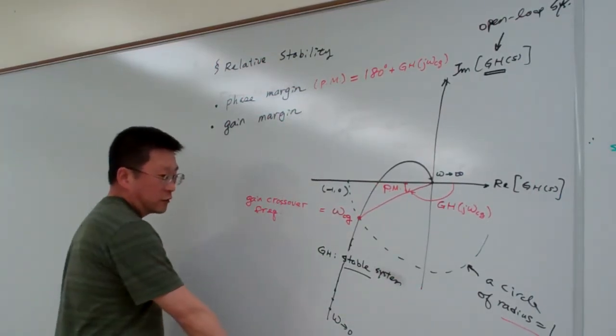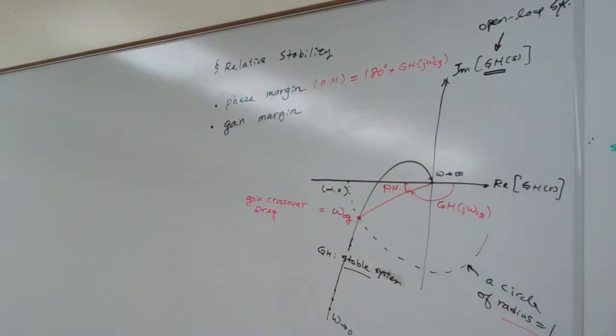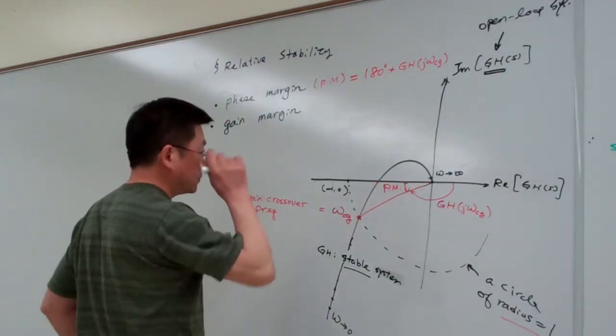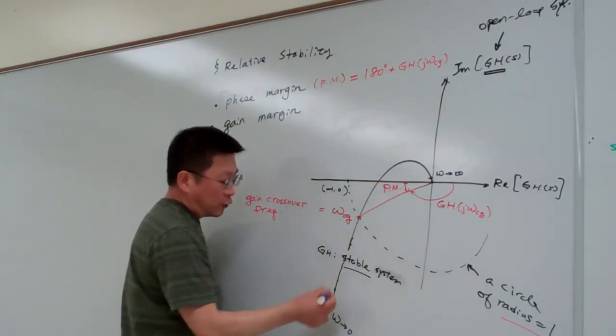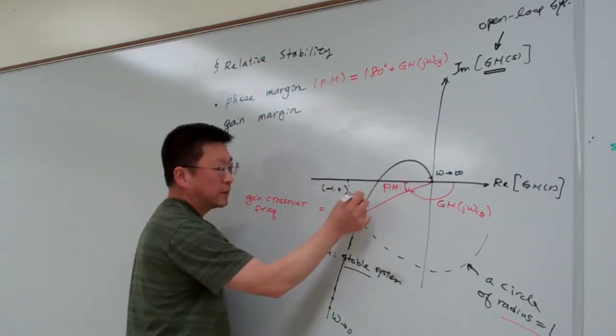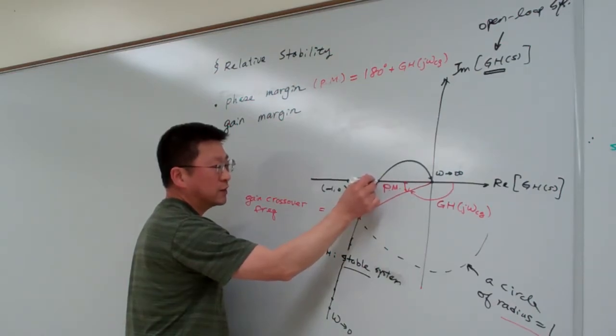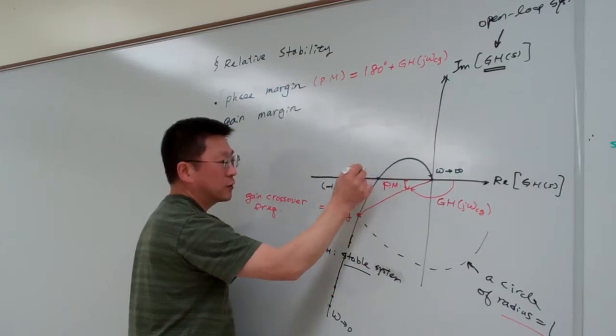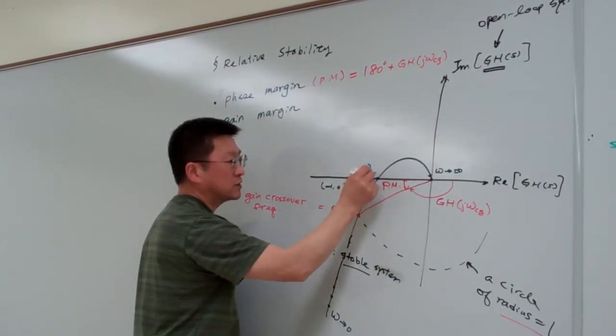Then the second one, we are going to define the gain margin. The gain margin is defined by this. Again, we take the second sampling omega here. This is the point on the Nyquist plot, and let me call this omega CP.